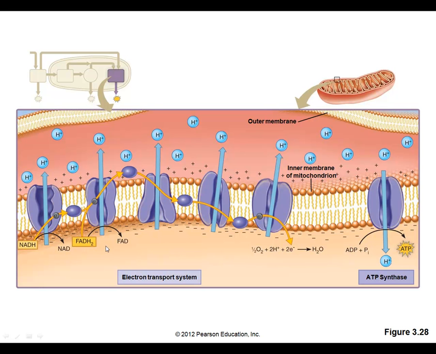It's going to lose the electrons, and when it loses the electrons, it's going to lose the hydrogen. Then it becomes FAD, and this guy becomes NAD. Where did the electrons go? They excited this protein or that protein. When you excite those proteins, then you are pumping the hydrogen ions into that space. And the same thing when the electron reaches this guy, you also are pumping more hydrogen.